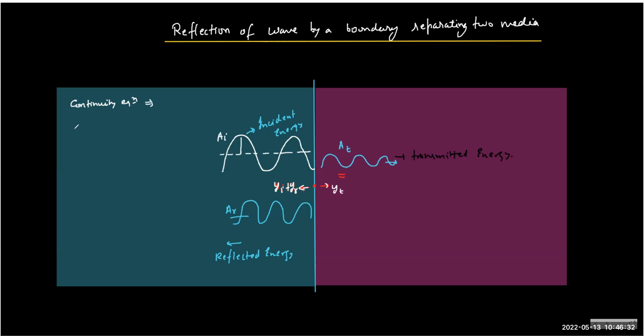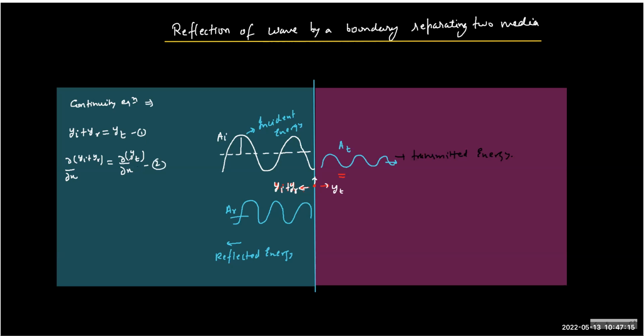yi plus yr equals yt. We call it the first equation. And also the direction of velocity vector must be the same. So the way we derive the direction is del by del x of yi plus yr must be equal to del by del x of yt.